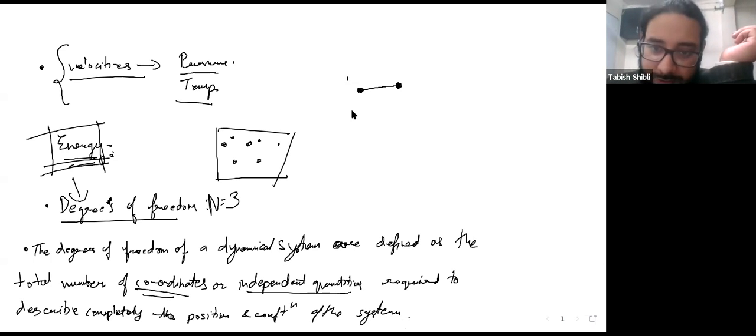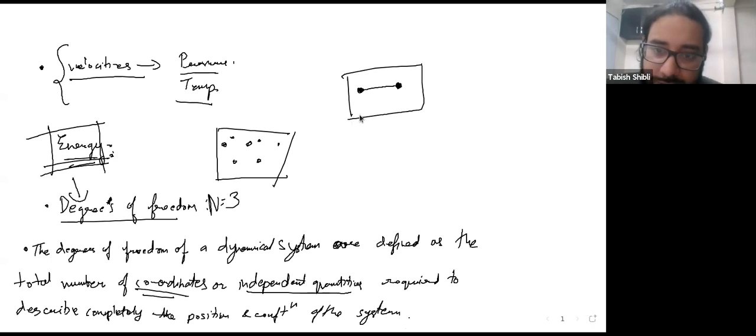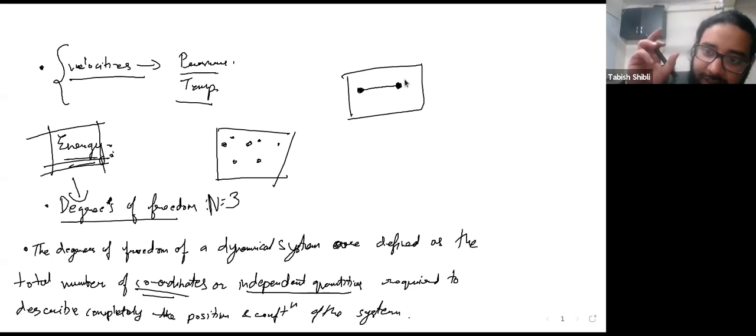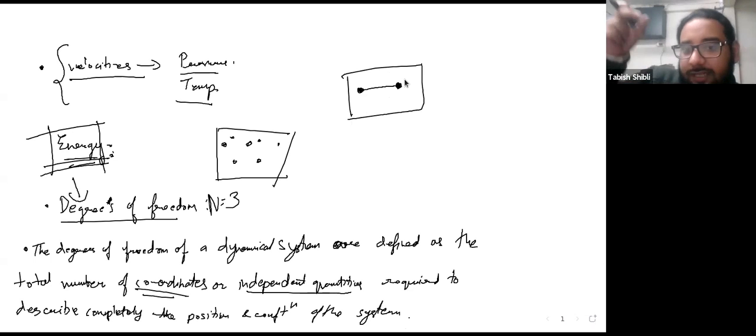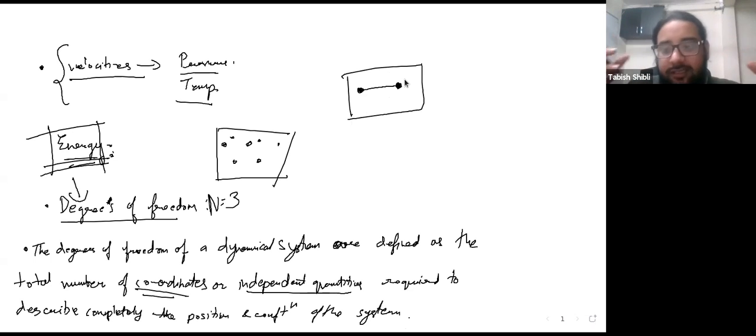Now, what about this case? What are the degrees of freedom of this diatomic molecule, which is essentially held together by, let's say, a stick? One. 1 degree of freedom. Why? It can either go towards the negative x-axis or the positive x-axis.